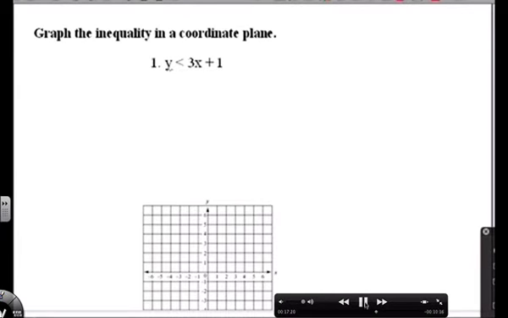It says graph the inequality in a coordinate plane. Is this in slope-intercept form? Yes. So all we need to do is pick out our slope. My slope is 3 over 1. My y-intercept is 0, 1.